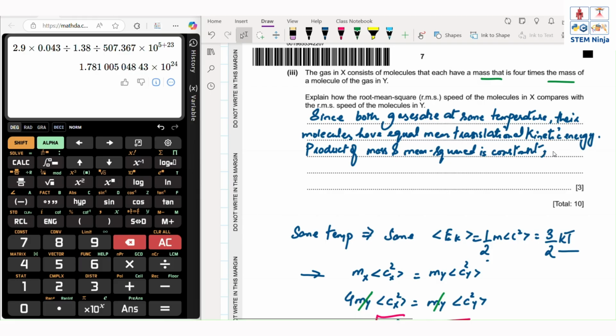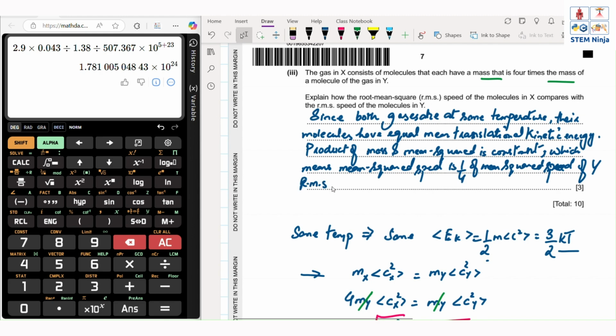which means the mean squared speed of X is 1/4 of the mean squared speed of Y. Sorry, this is double E over here.